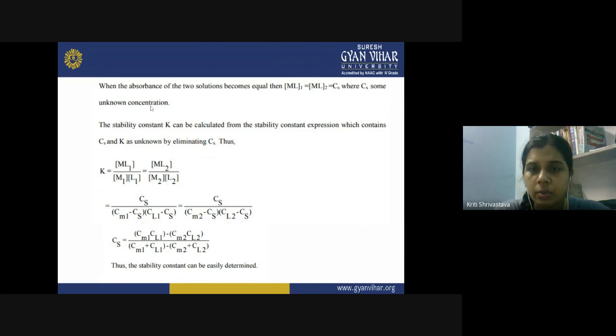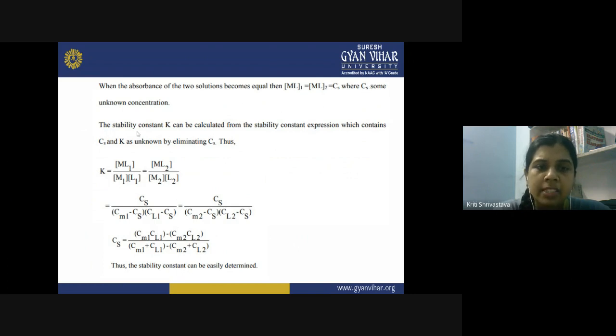Because we are preparing the solution, but we do not know the concentration of the complex. You know the concentration of metal and ligand in both the solutions, but you do not know how much complex has been formed. So this Cs will be unknown to us. This is the concentration of the complex in both the solutions.